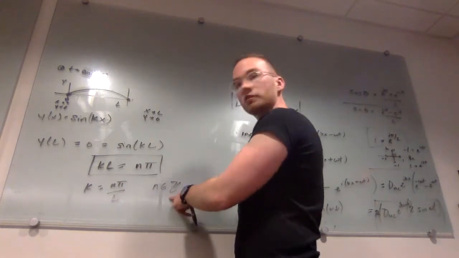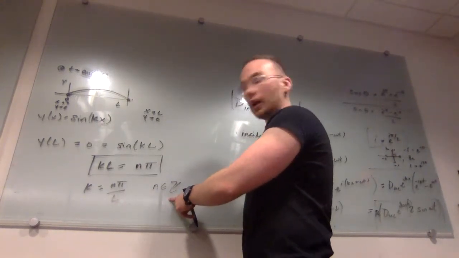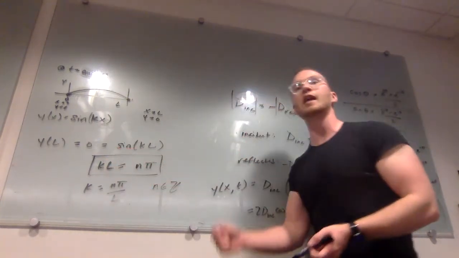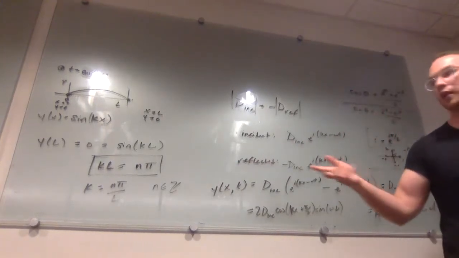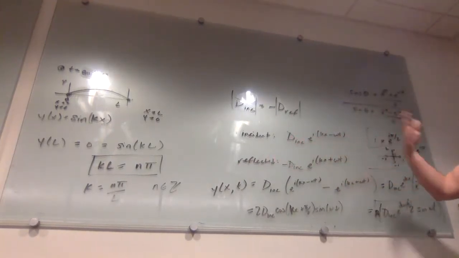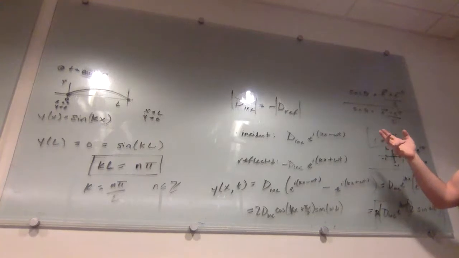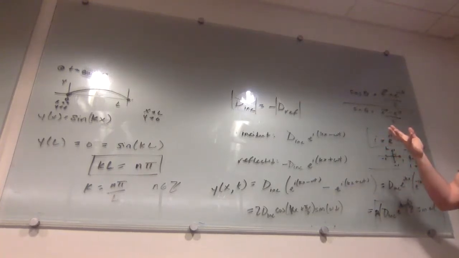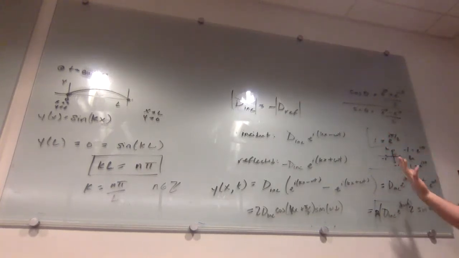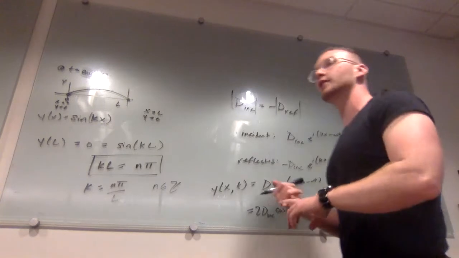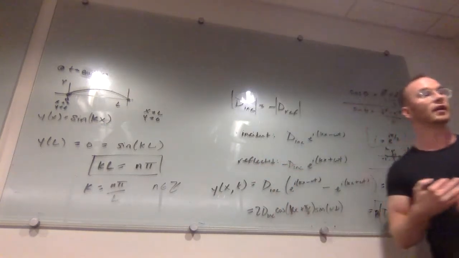Quantization just means that you have something that can only be an integer copy of something. Basically it means that k can't be any real number. K is like a wave number, and you could relate it to a wavelength. Before, in the harmonic oscillator, we didn't use k, but most parameters we give it, like the mass, can be any real number.